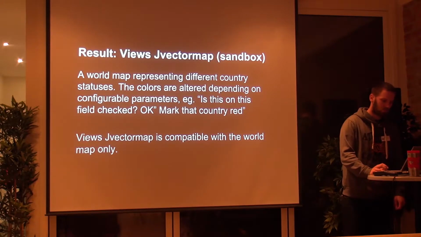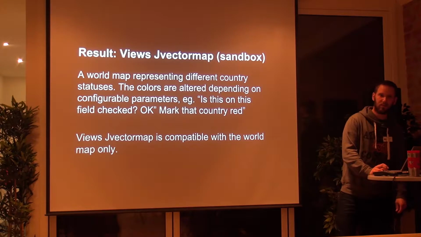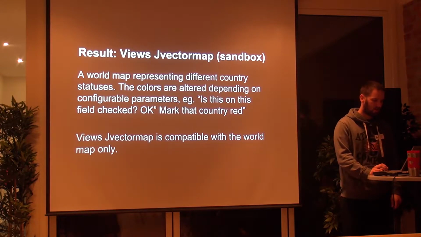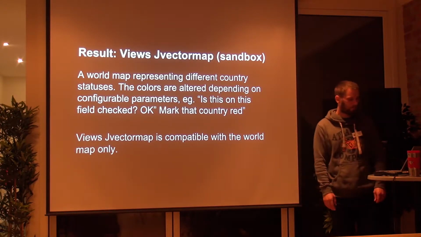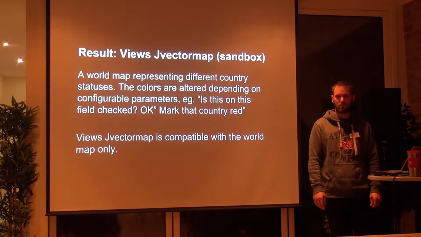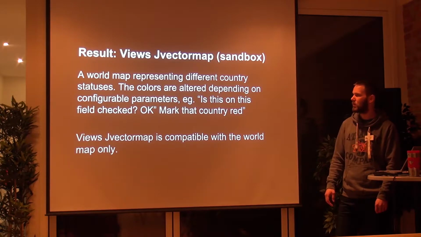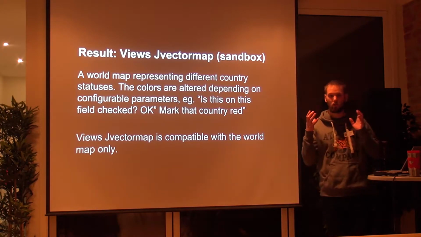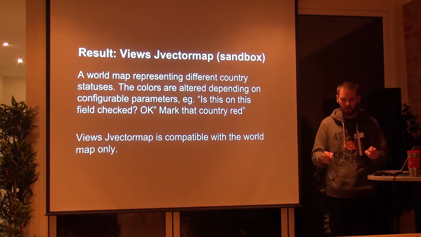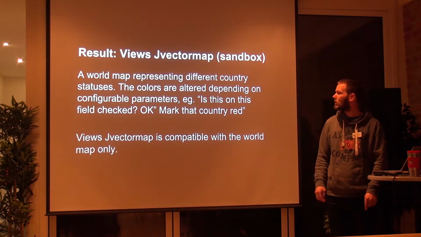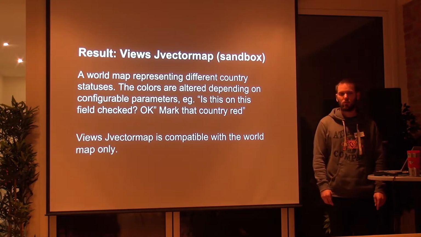So the result was the Jvector map sandbox, which I haven't done anything with since. It's for Drupal 7, and it represents different country statuses. It's only a world map, so it's pretty closed down in terms of what you can do and what you can't do.